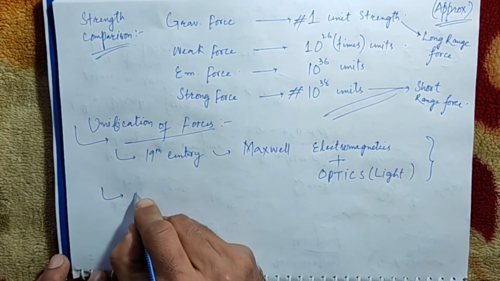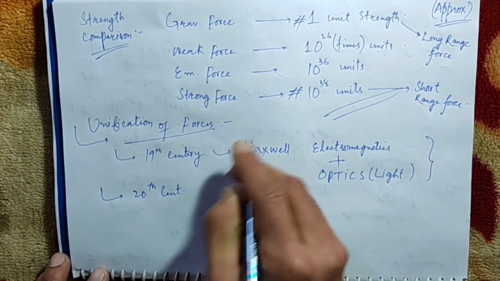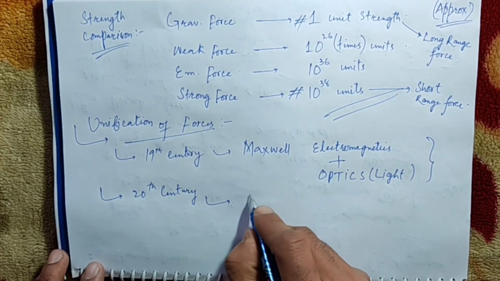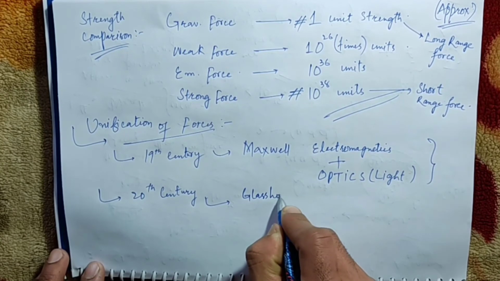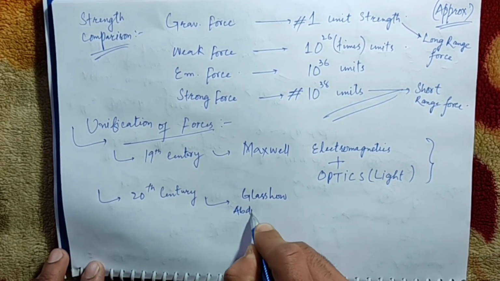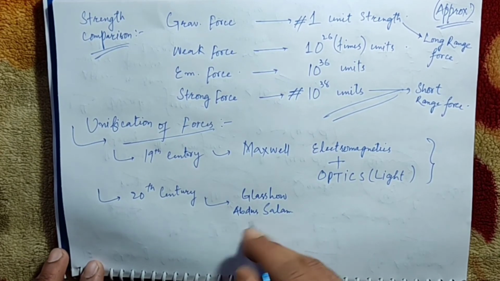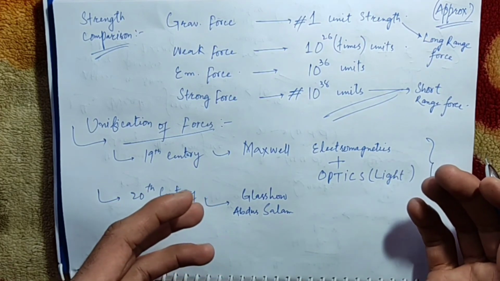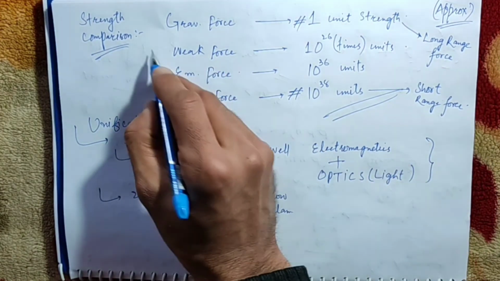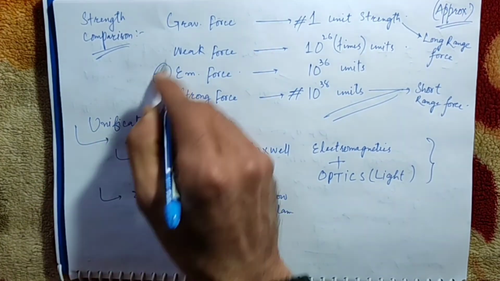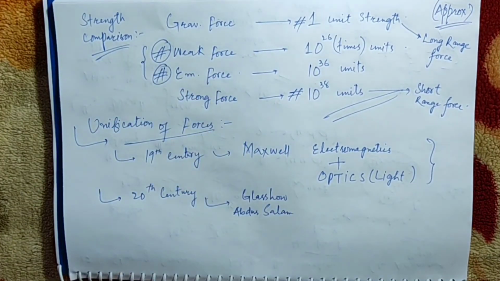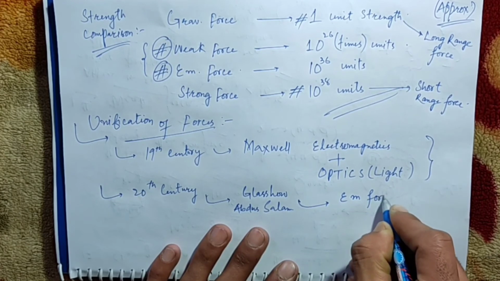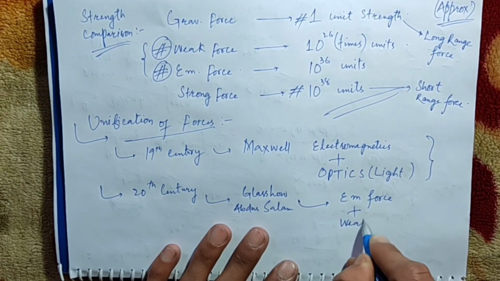Then in the 20th century, physicists like Glashow, Abdus Salam, and other workers unified another two forces: the electromagnetic force and the weak force.